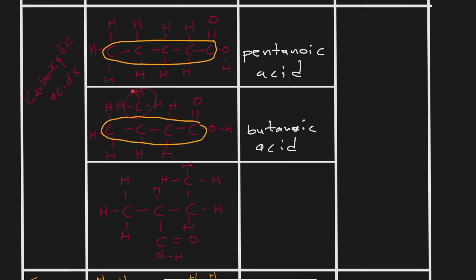For us to label the branch, we're going to give preference to the functional group. The functional group is on the first carbon, so we label from 1, 2, 3, and 4. We can clearly see the branch is on the 3rd carbon. So this is going to be 3-methylbutanoic acid.